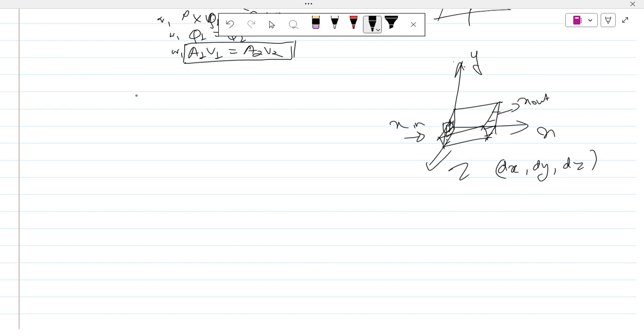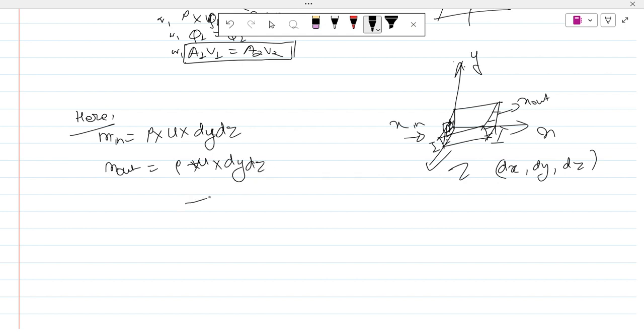We are taking the one dimensional case only. Here the mass in is rho times u, where u is the inlet velocity, times dy dz, the cross section area. Mass out is rho u dy dz plus a small change, differentiating with respect to x, which gives d by dx of (rho u dy dz) times dx.